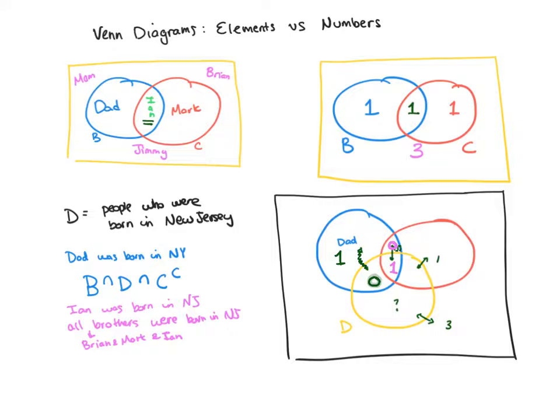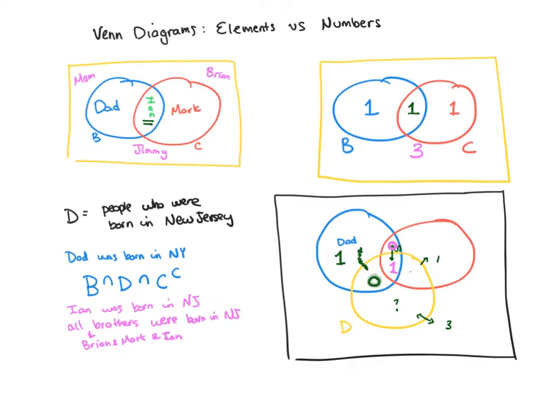Mark was also born in New Jersey, so he moves into this intersection. So he is in New Jersey and California, but not left-handed. Oh, sorry, I showed 0, but I meant to say a 1. Let's fix that. I was thinking of a person that I was drawing, but I'm drawing numbers.